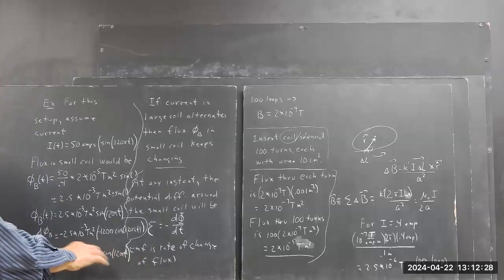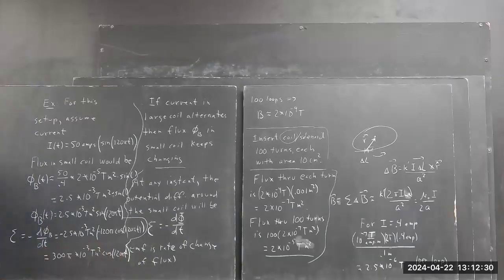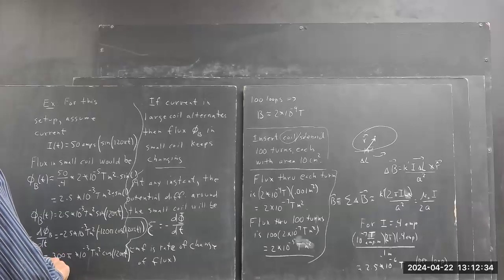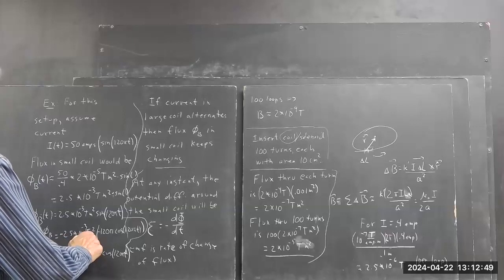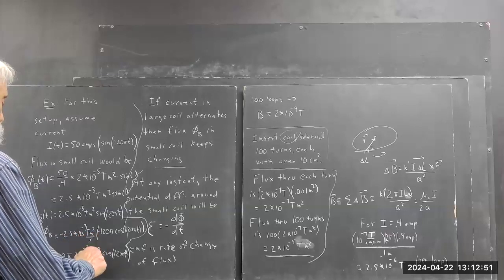Or can't get that cosine in there, but I think we know what we're looking at. Well, 300 pi is about 1,000. And since we're doing dΦ/dt, we get Tesla meters squared per second.